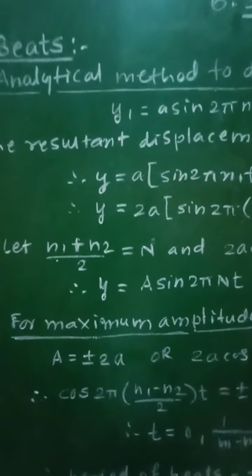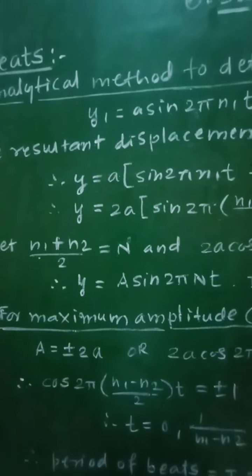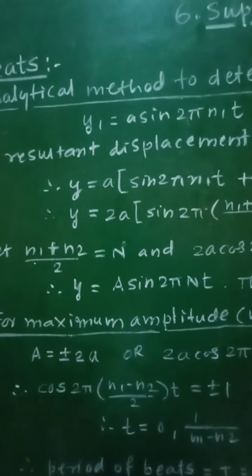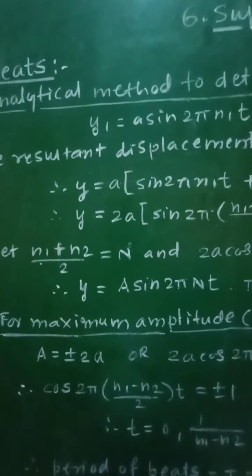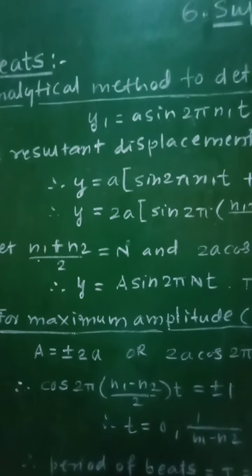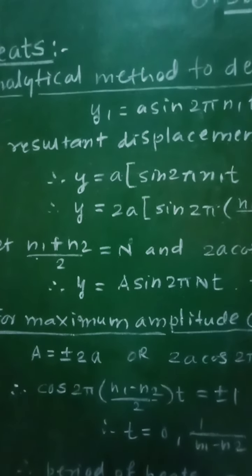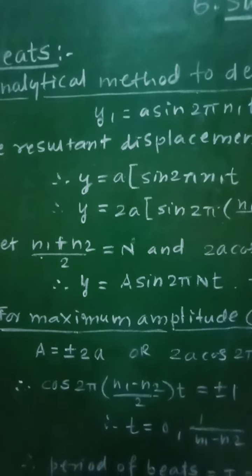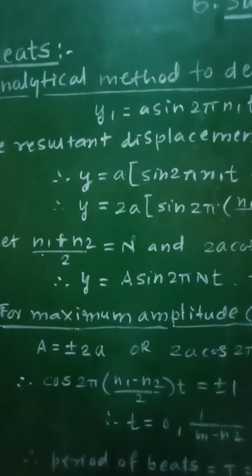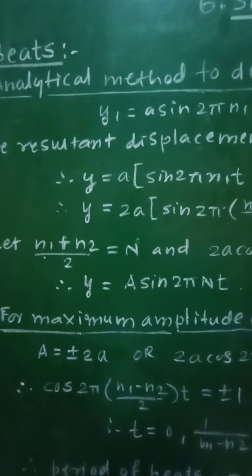That means in case of formation of beats, sometimes the intensity of sound will be maximum and sometimes the intensity of sound will be minimum. The sound of maximum intensity is called waxing, and the sound of minimum intensity is called waning.